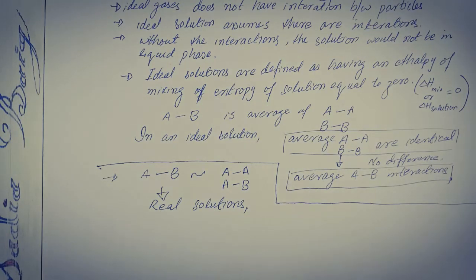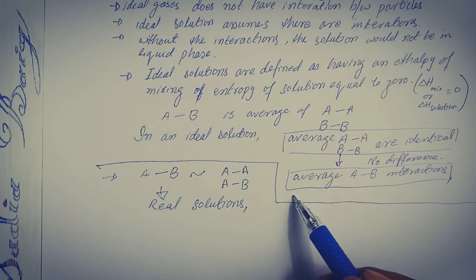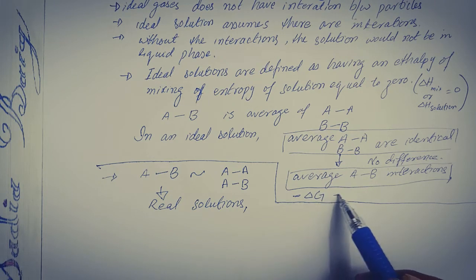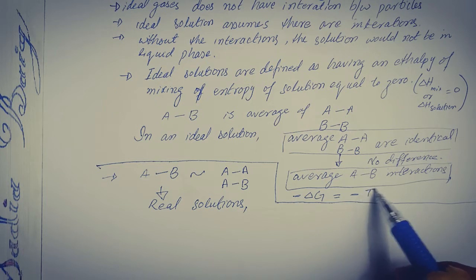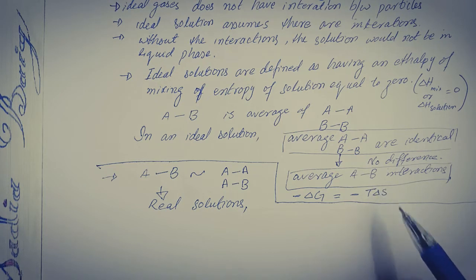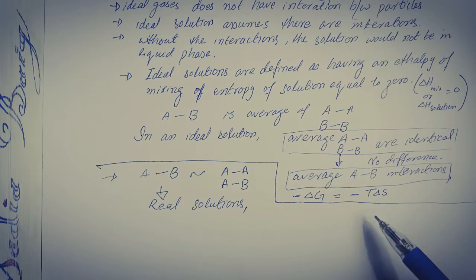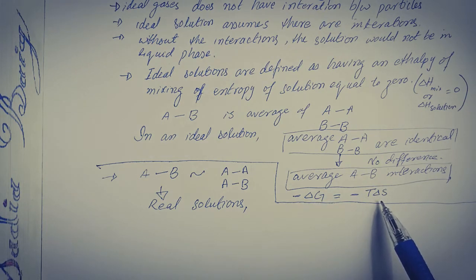For the case of ideal solution, when enthalpy of mixing or heat of solution is 0, it means that the negative Gibbs free energy is obtained from the negative T delta S factor, which is supporting the spontaneous formation regardless of the enthalpy.